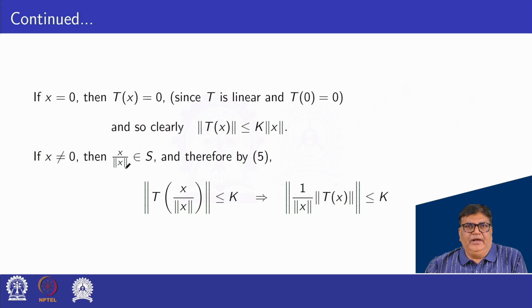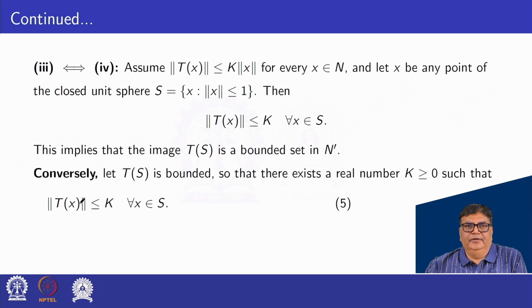If x is not equal to 0, then x upon norm x belongs to S. Here x is an element of S, and we also know that alpha x belongs to S, where alpha is a scalar. Here 1 upon norm x is a scalar, so we can write x upon norm x as an element of S also. And therefore by equation 5, we can put x upon norm x in place of x.